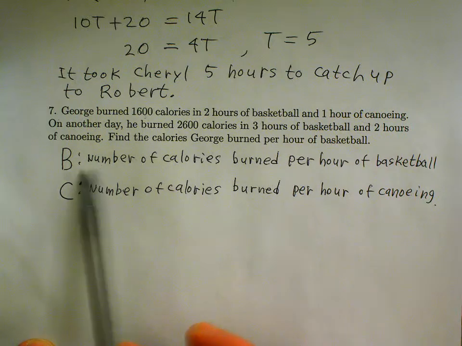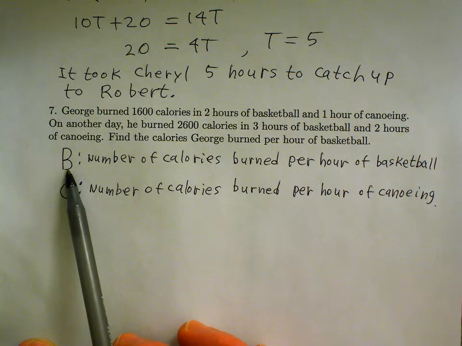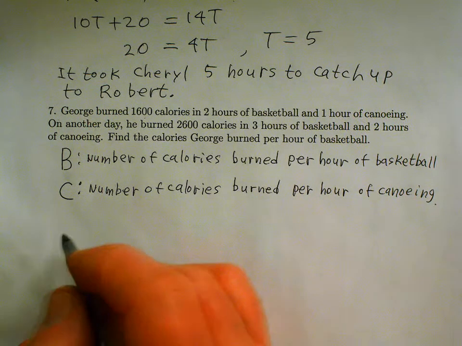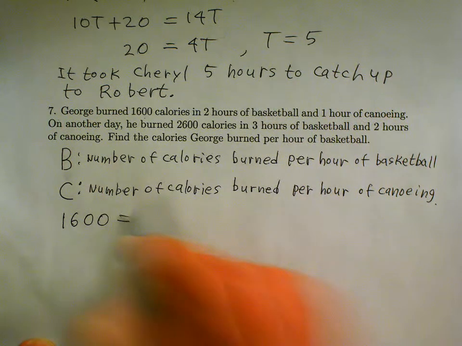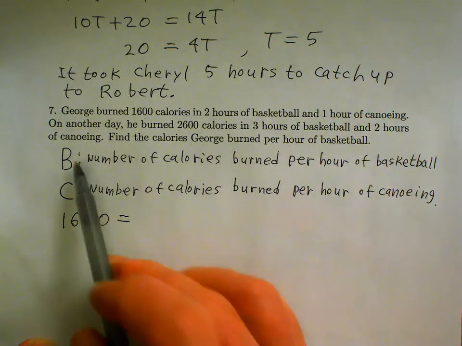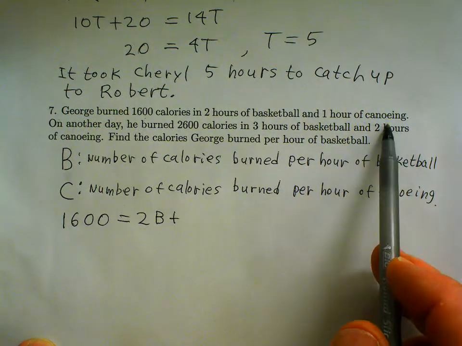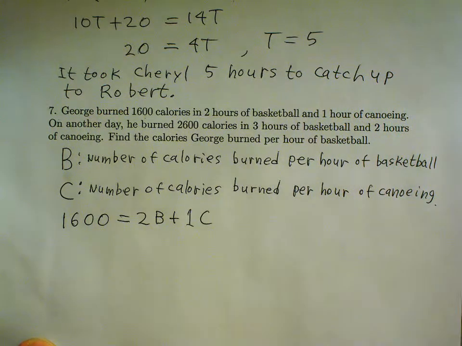We don't know what the actual number B is, but the rate is B calories per hour for 2 hours. So we can write down 1,600 calories equals 2 times B, and 1 hour of canoeing is plus 1 times C. Or you could put this in the other order if you prefer. 2B plus 1C equals 1,600.